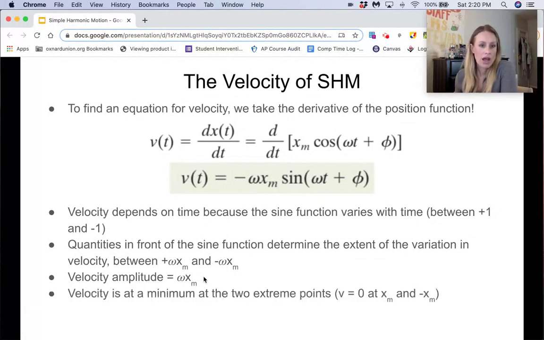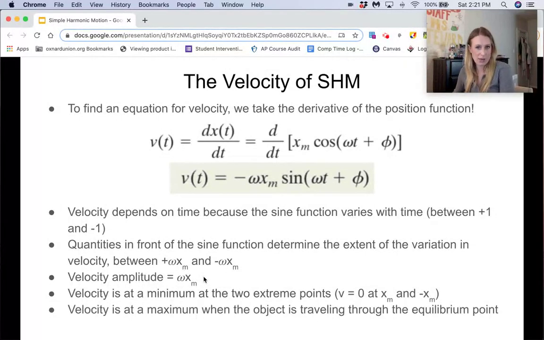Velocity is at a minimum at the two extreme points, and we can see this when we look at the GIFs that I've put in this video, or just think about something that's oscillating back and forth between two amplitude positions. We can see that at the amplitude position, we stop and turn around, stop and turn around. So at the two amplitude positions, we have a velocity of 0. So that's where our minimum velocity is.